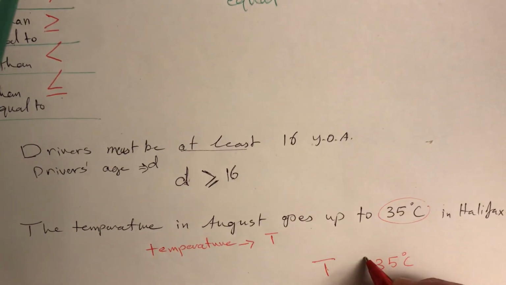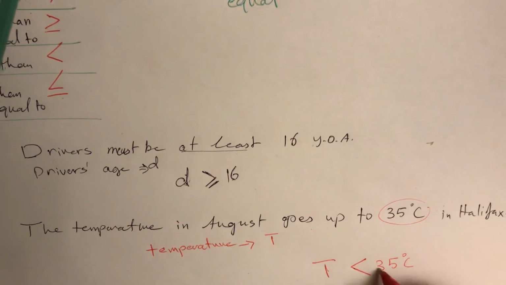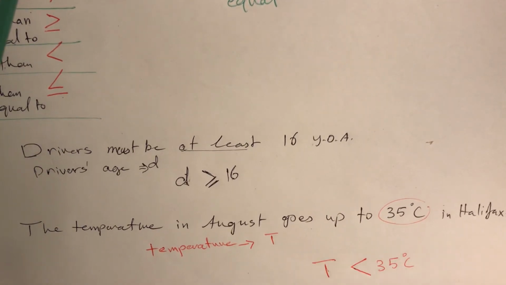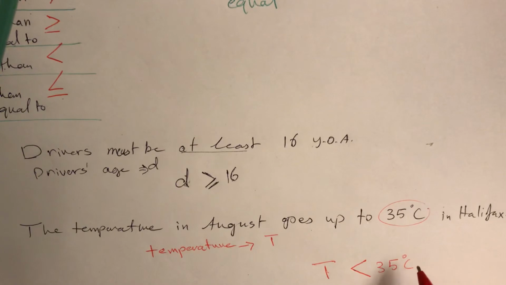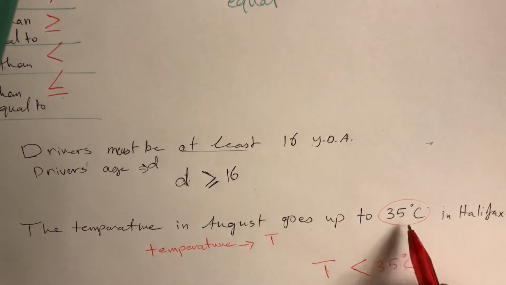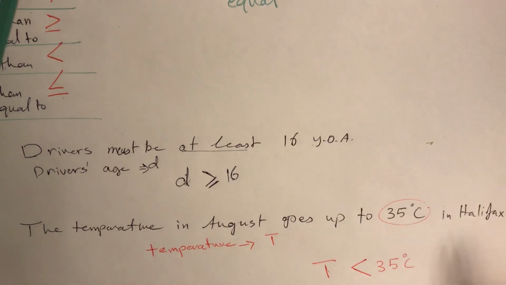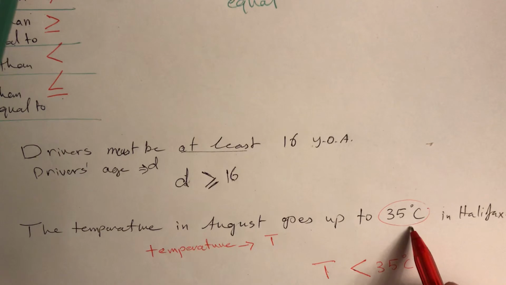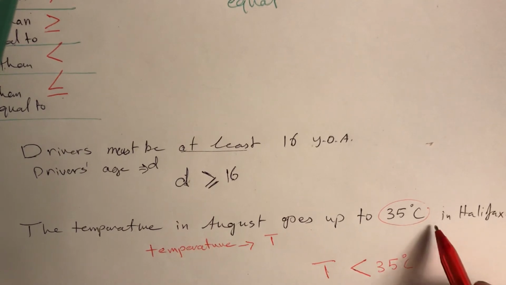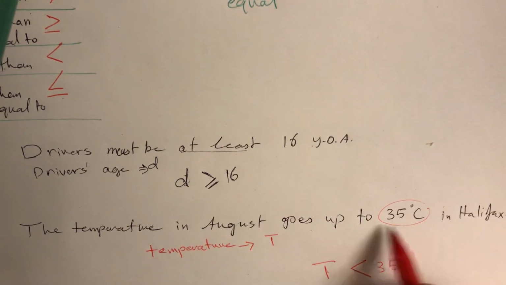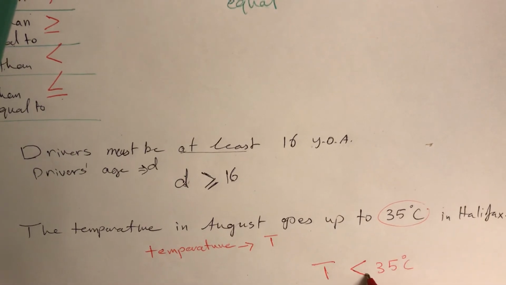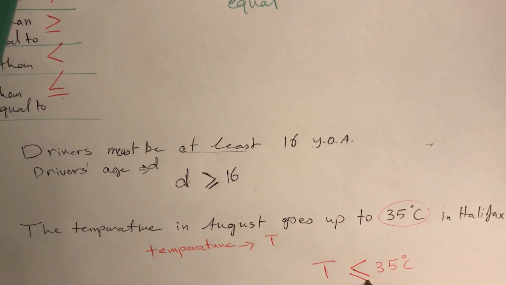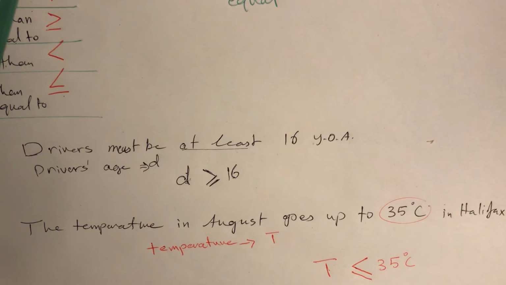So that tells us that T is less than 35. The other thing you want to look at is the equal sign. If it goes up to 35, is 35 included? Yes or no? If you wake up and it says 35 on August 4th, does that make the statement wrong? 35 is included. So you would put that equal sign also.